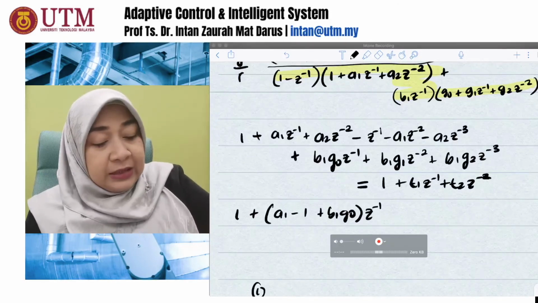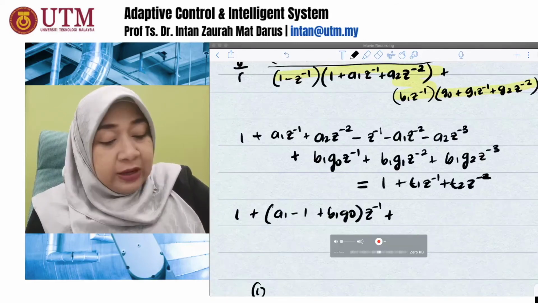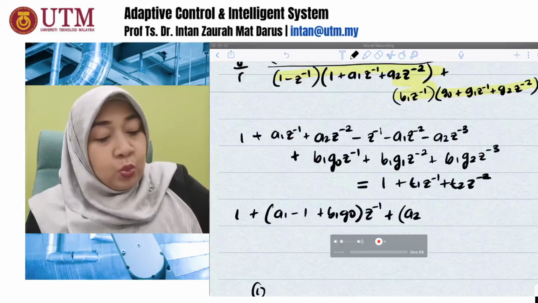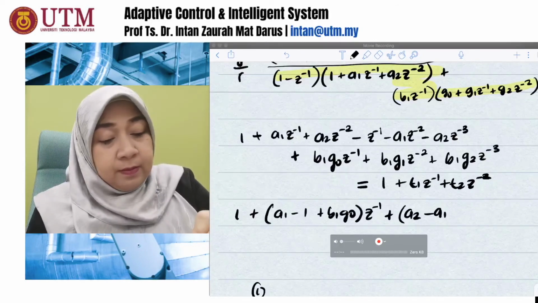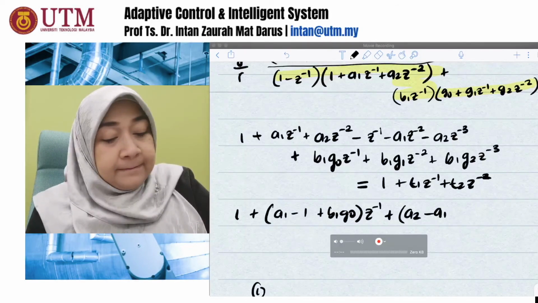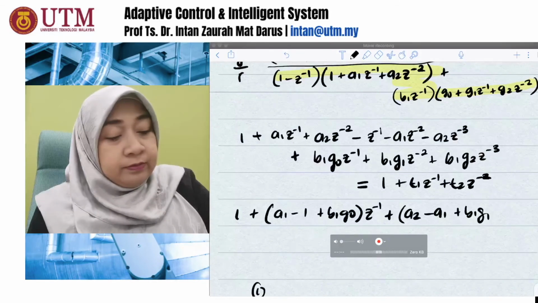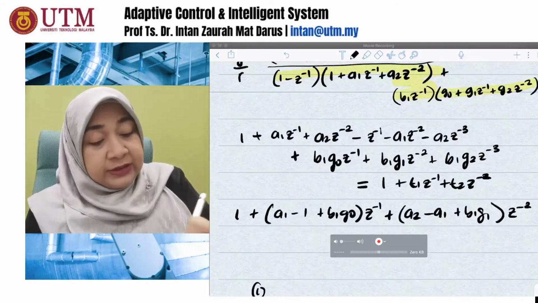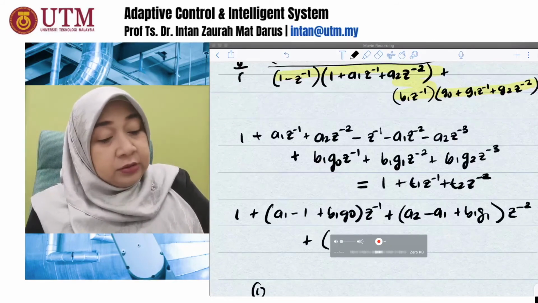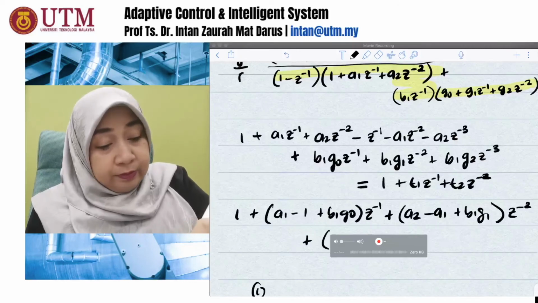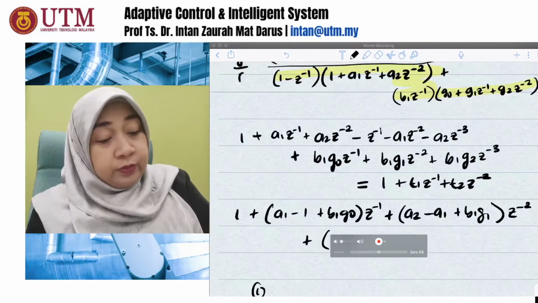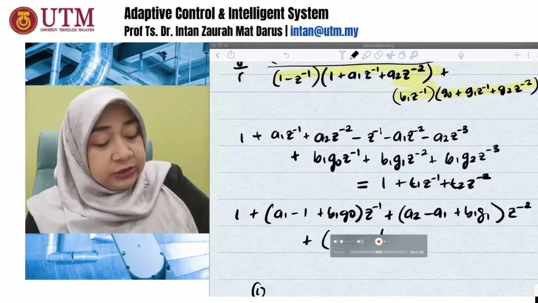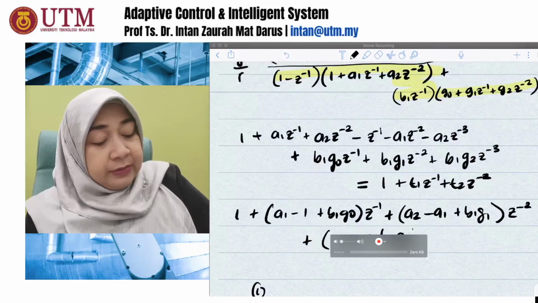Then I have plus, for z^-2, a2 minus a1 plus b1 g1. Okay, so that's for z^-2. And then for z^-3, I will have minus a2 plus b1 g2, z^-3.